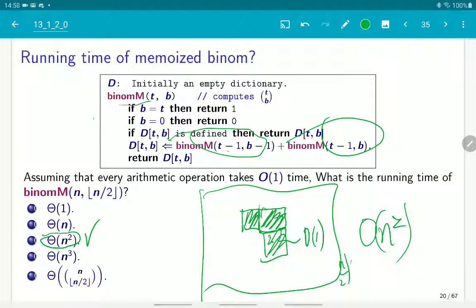This is the amazing thing: by just doing memoization, suddenly we reduced an exponential running time to a polynomial running time. In fact, it's a reasonably good polynomial running time, which is quite good. Okay, this was the answer to the two questions.